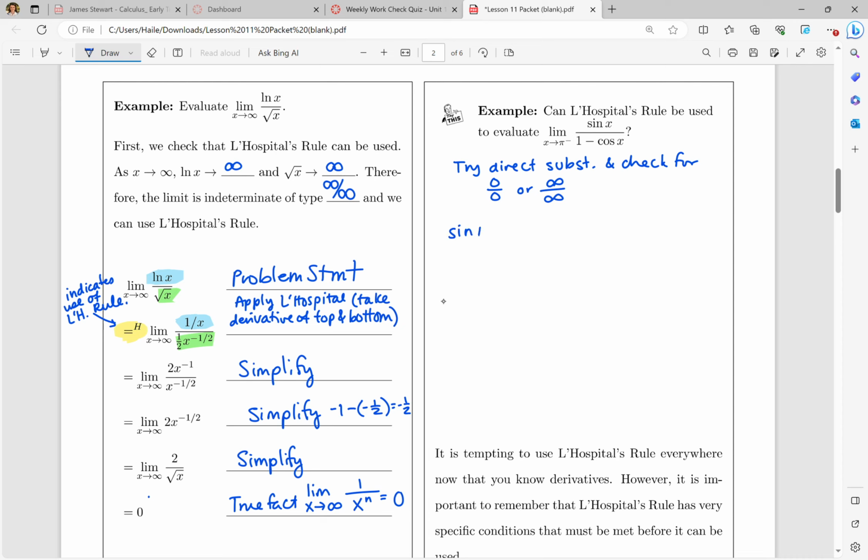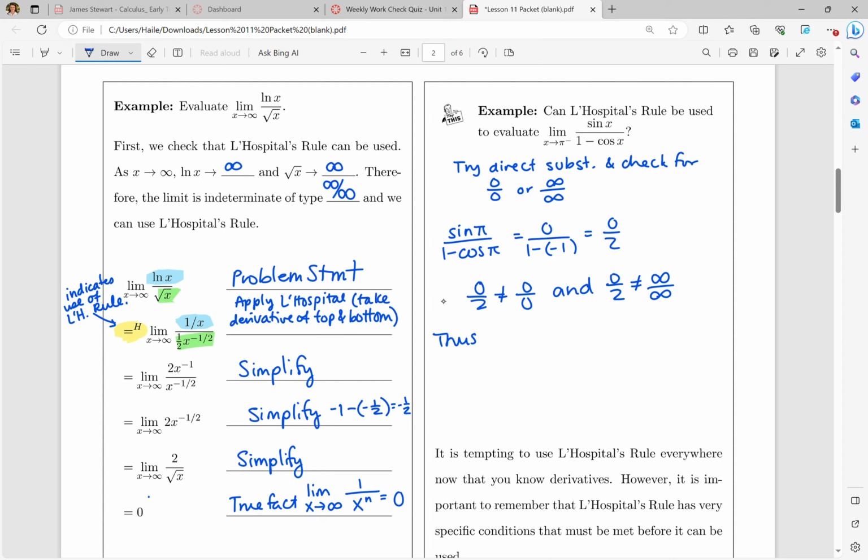So if we do sine of pi over 1 minus cosine of pi, the sine of pi is 0 and the cosine of pi is -1. So we get 0 over 2. Well, 0 over 2 is not 0 over 0, nor is it infinity over infinity.